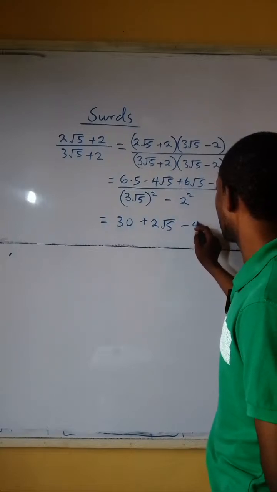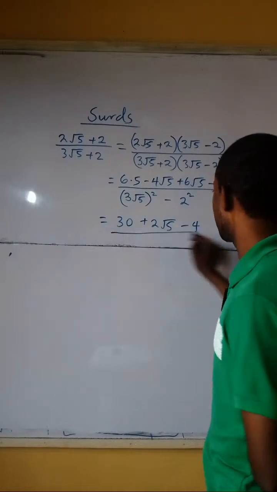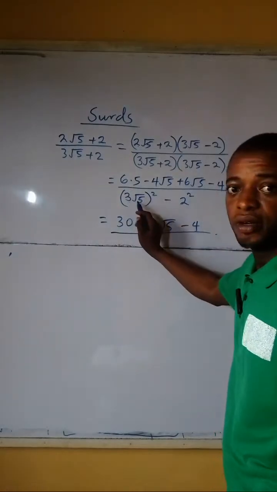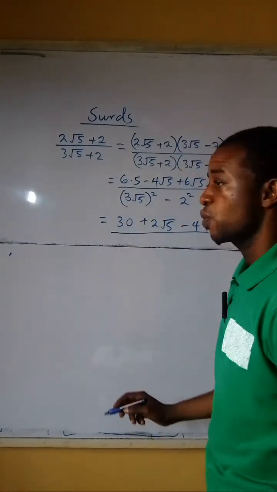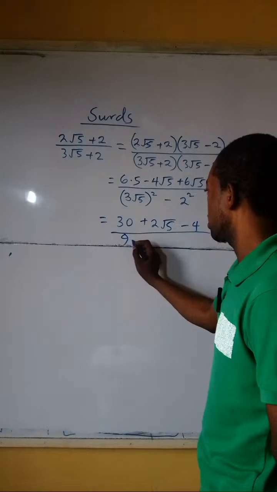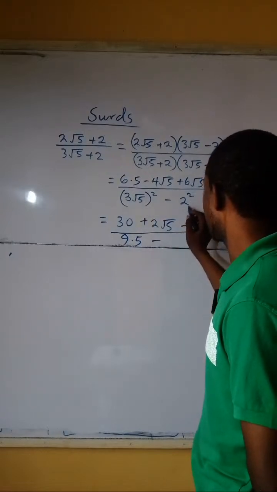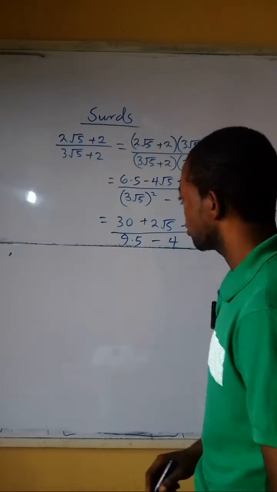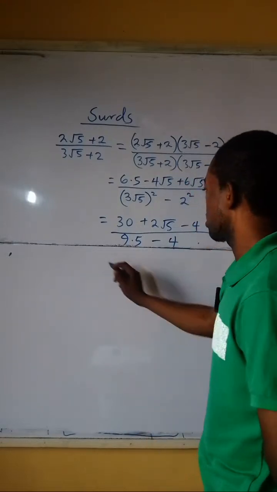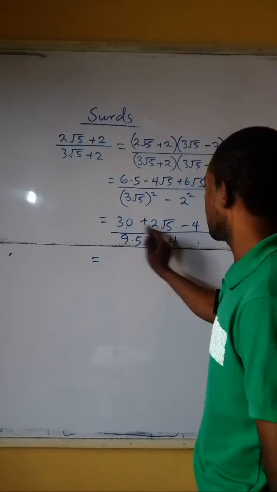Then minus 4. The square affects both the 3 and the root 5, so 3 squared is 9, times root 5 squared, that's 5, minus 2 squared, that's 4. Also here we have 30 minus 4.